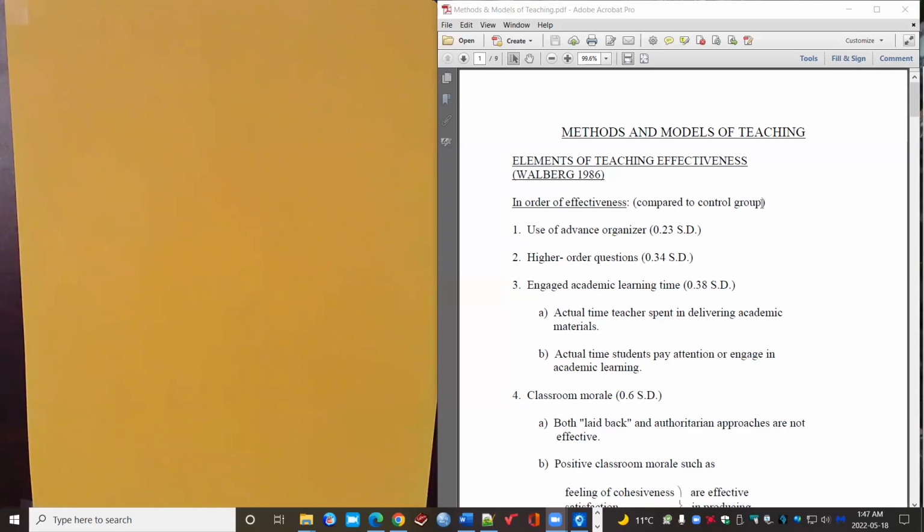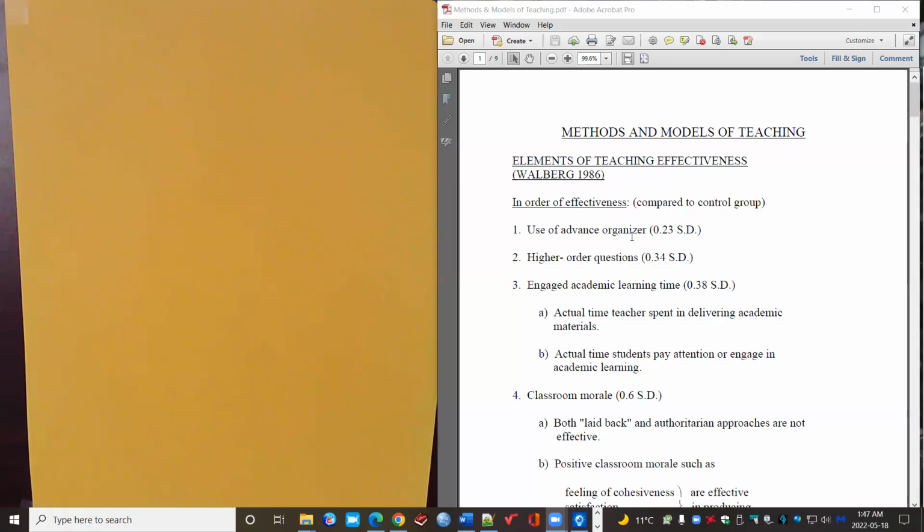So let's take a look at all these in order of effectiveness compared to the control group. Right? So what does it mean? Let's say the use of advanced organizer.